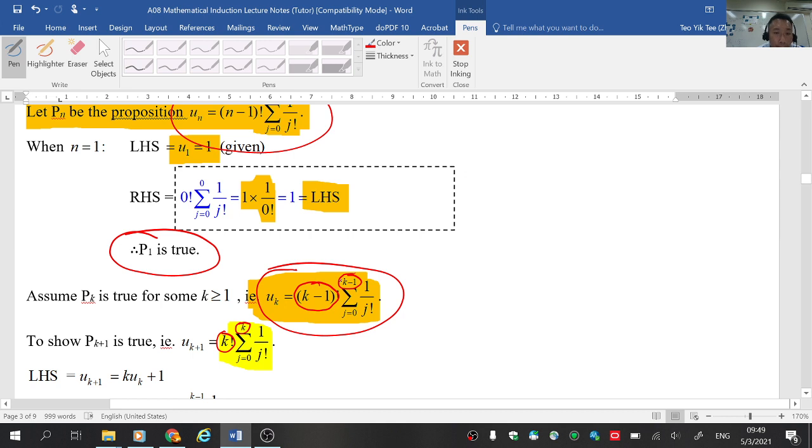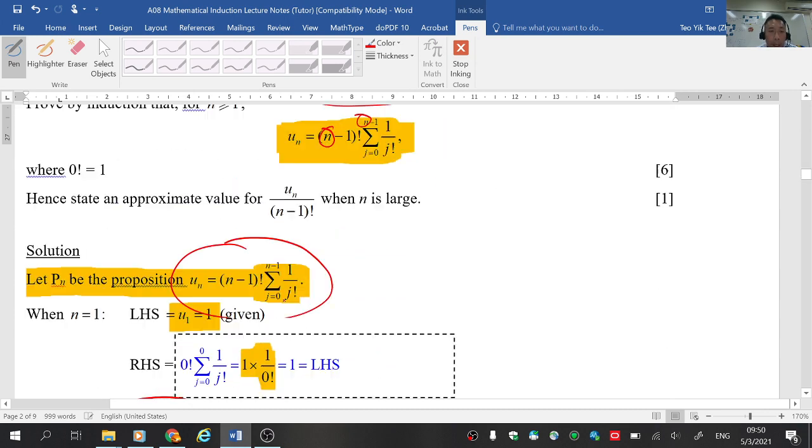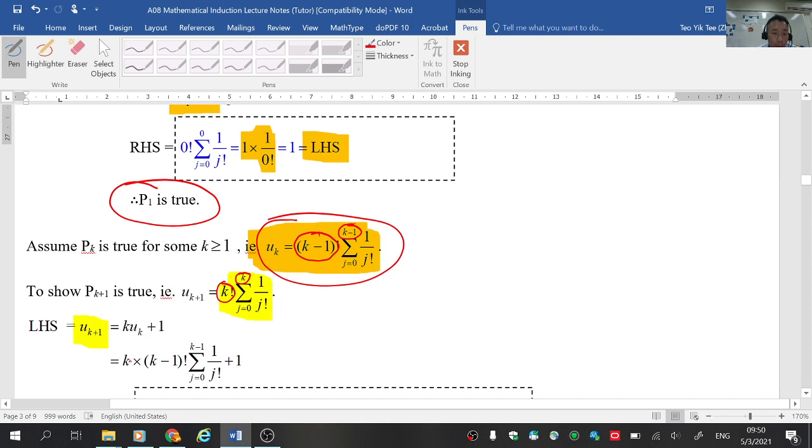Then the left hand side is actually equal to u(k+1). So what to do with this u(k+1)? I need to tap on this result here. I have u(n+1) equals n u(n) plus 1. So u(k+1) will be equal to k u(k) plus 1. Okay, it will be equivalent to k u(k) plus 1.